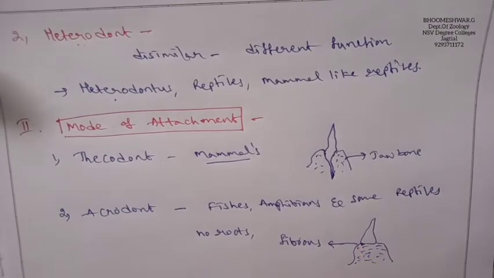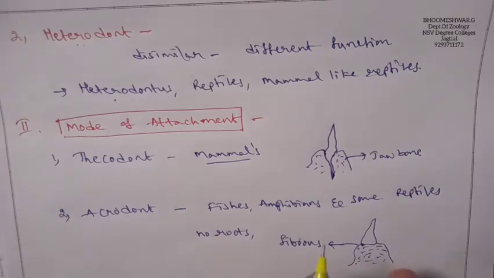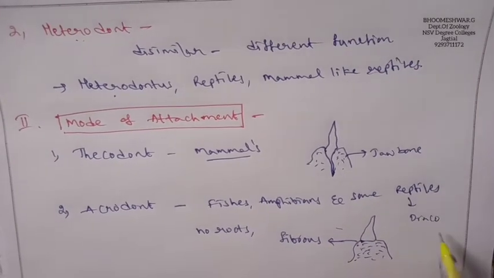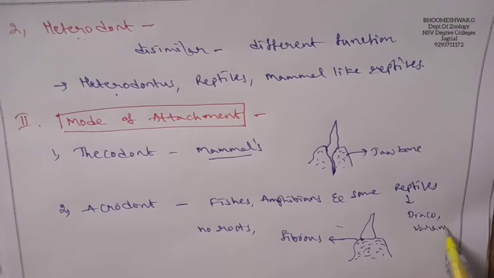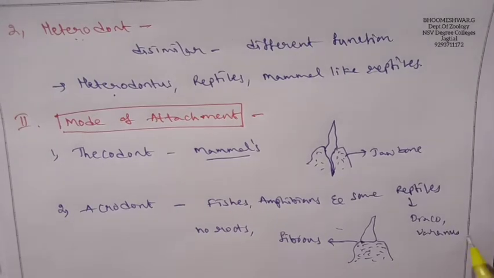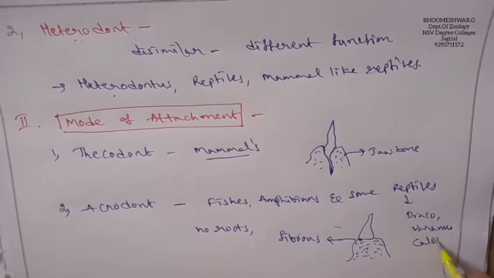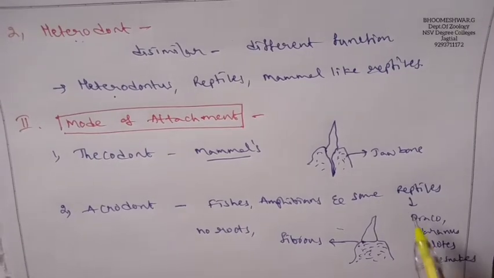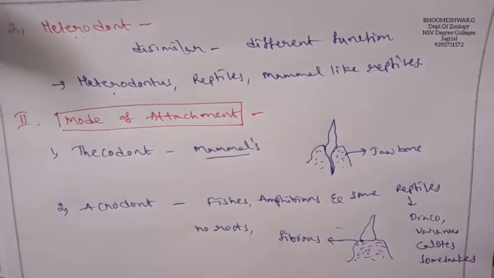This type is named acrodont. Not all reptilians possess acrodont teeth; those that do include mainly Draco, Varanus, Uromastyx, Calotes and some snakes, which show the acrodont type of dentition.